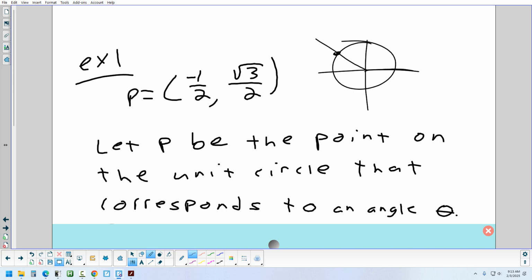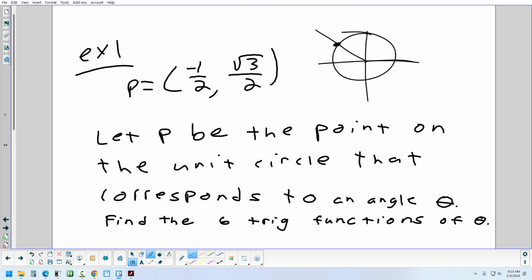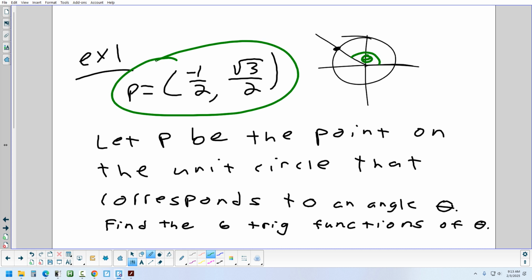So what I want to do is find the 6 trig functions of that angle right there. In order to find the 6 trig functions of that angle, you need to know the coordinate. You need to know the location of that angle. And we do. That's the location that represents the angle they want us to work with.